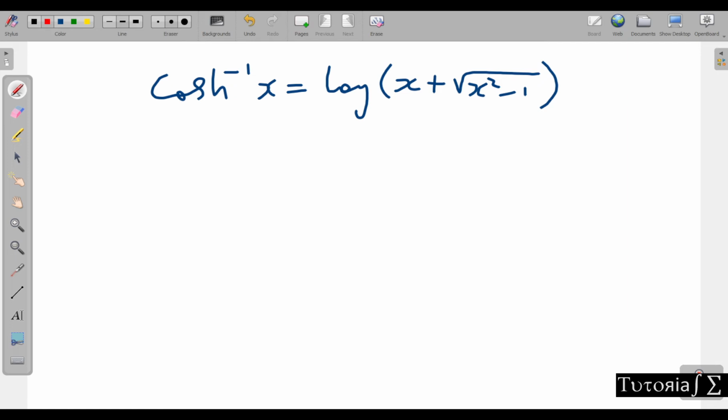Cosh inverse of x. Why the Cosh inverse of x? Which side do you think would be easy to start with? And explain why.